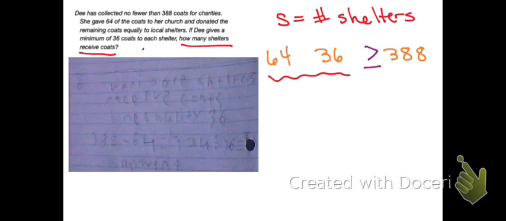Or greater than or equal to? So decide on what that symbol is here, the inequality symbol, and decide if you are going to put the S with the 64 or the 36. And then go through and solve it and try to get that same answer of 9.